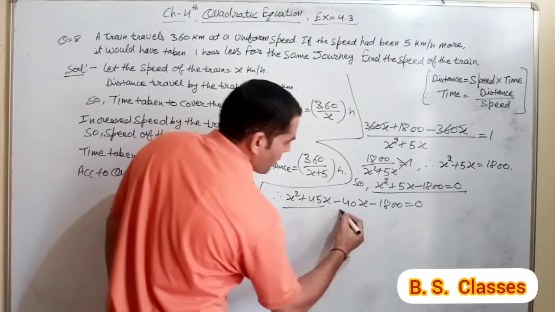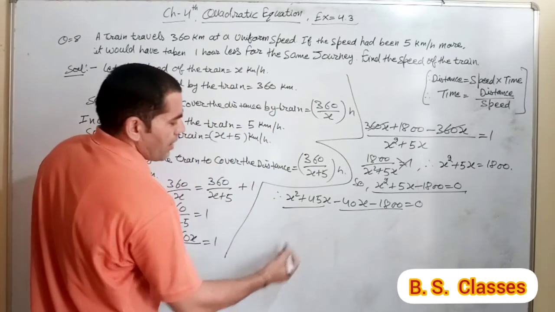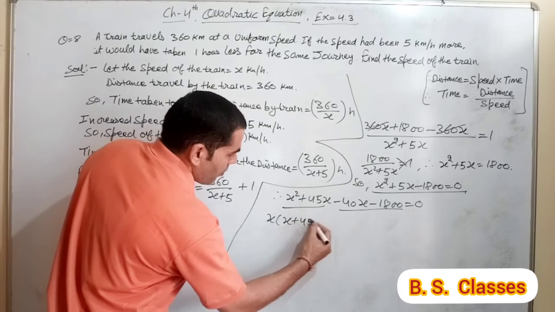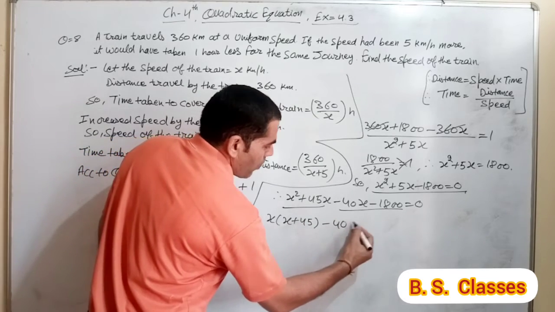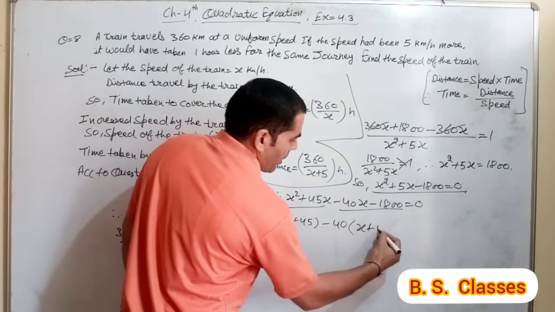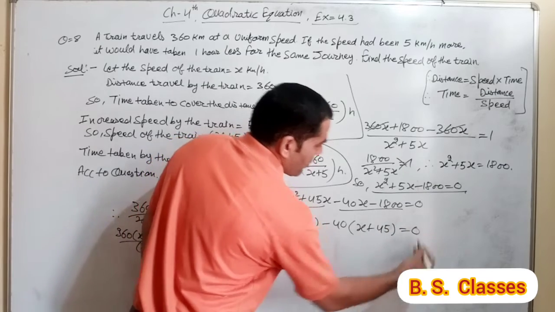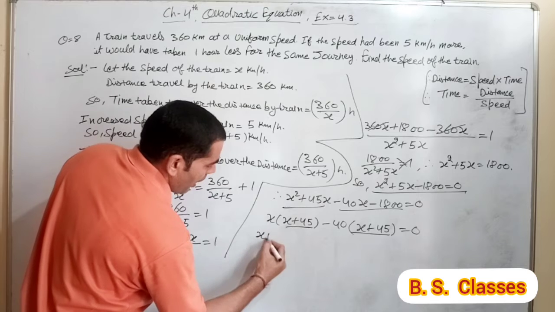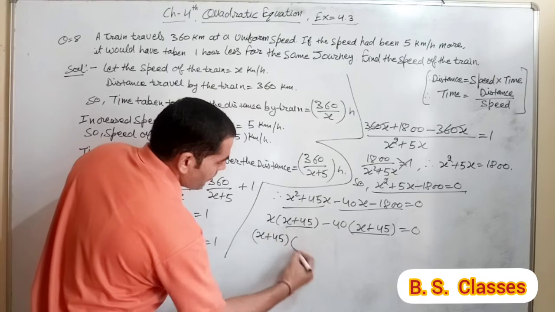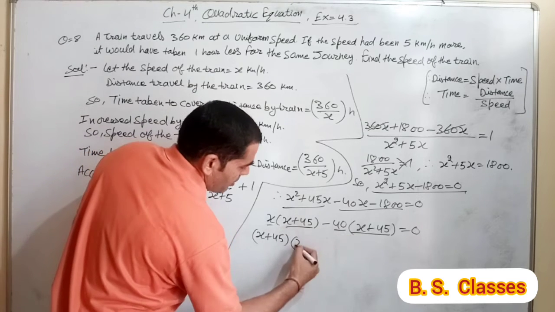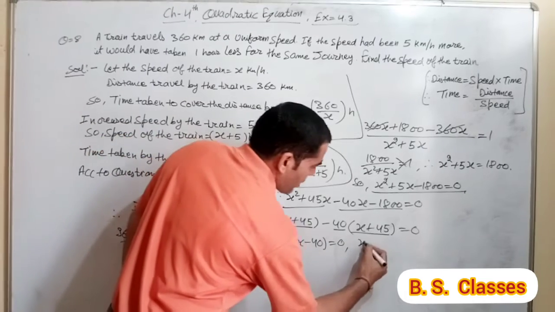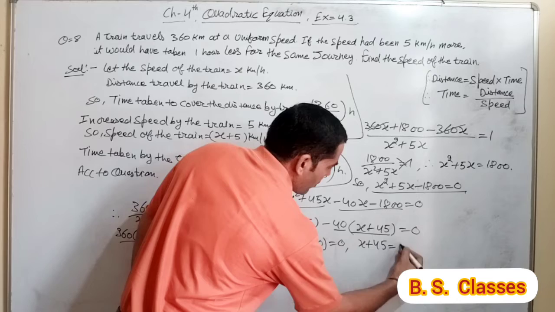Taking the common factor from the first two terms and the last two terms, x is common, and 40 is common, so x plus 45 is common. We get x plus 45 times x minus 40 is equal to 0.